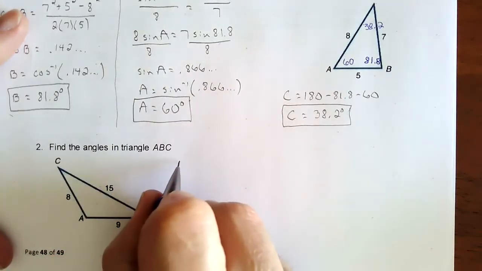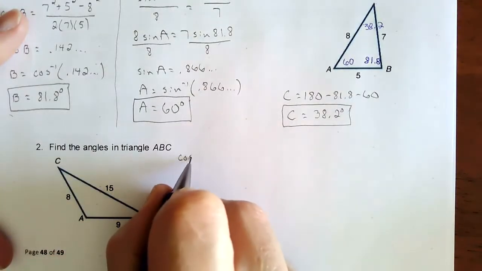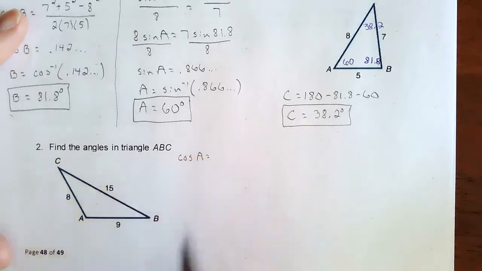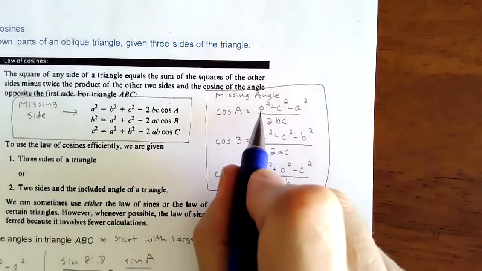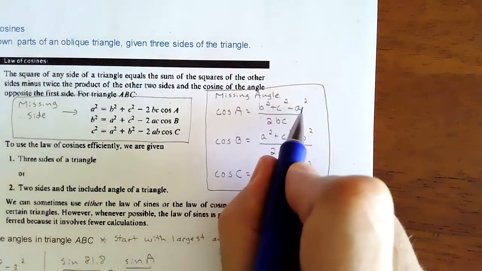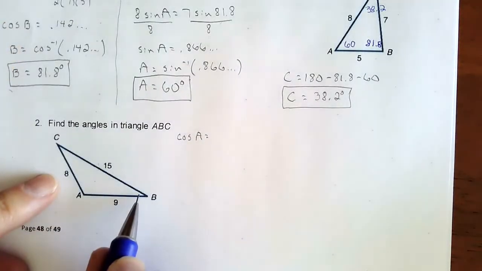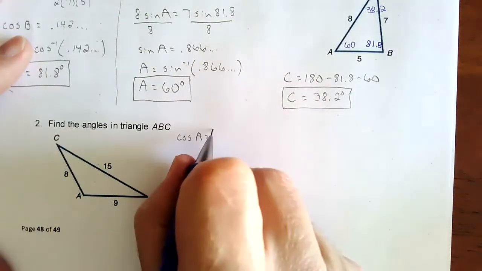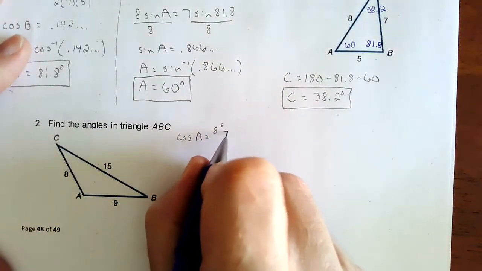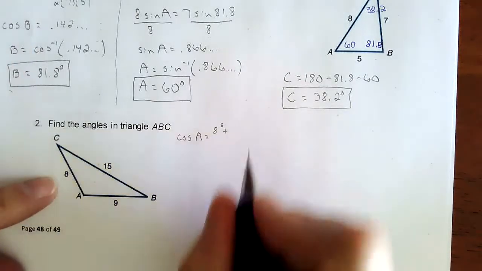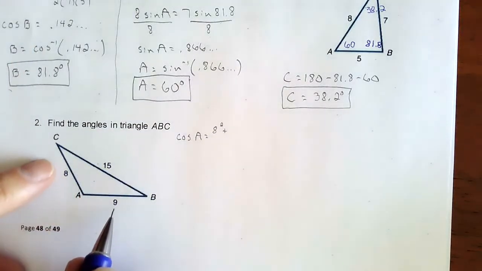So if I'm going to do angle A, I'm going to start with the largest angle first, and we're going to be setting this up as cosine of A equals B squared plus C squared minus A squared. So 8 is B, so 8 squared, plus C squared, which is 9 squared.